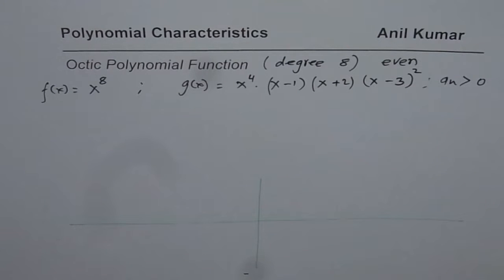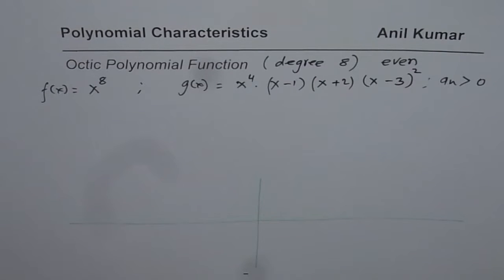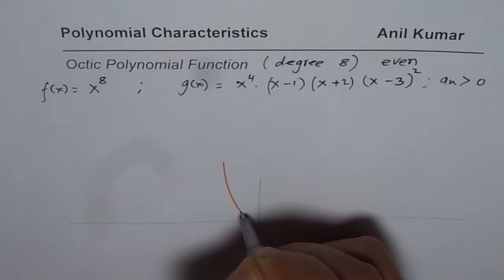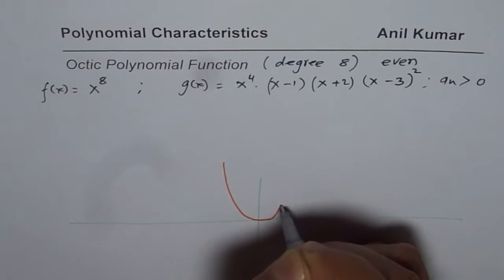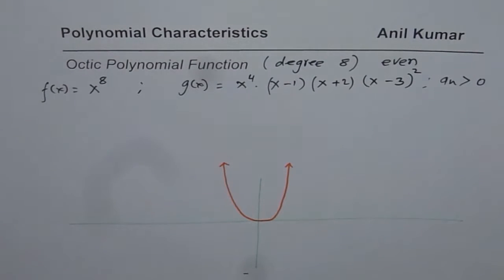Okay, so the very first one is x to the power of 8. It looks more like a parabola, but flatter and steeper. So it's kind of like this. Do you see that? That is the kind of graph it is. As you can see, the graph has 1 zero.